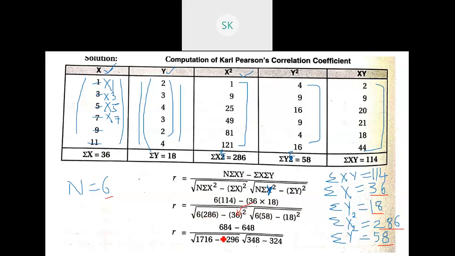Coming to the next step, simplified: 6 into 114 is 684 minus 36 into 18 is 648, whole divided by square root of 6 into 286 is 1716 minus 36 square is 1296, and square root of 6 into 58 is 348 minus 18 square is 324.